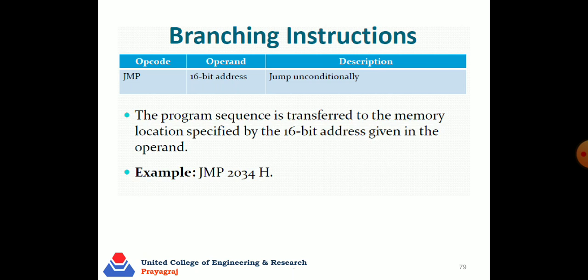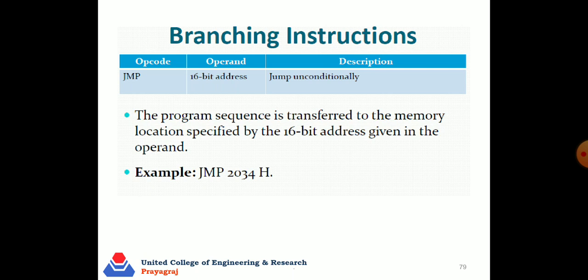It skips instructions, or this instruction creates a loop. Because of this power, these instructions are the most powerful instructions in this group.